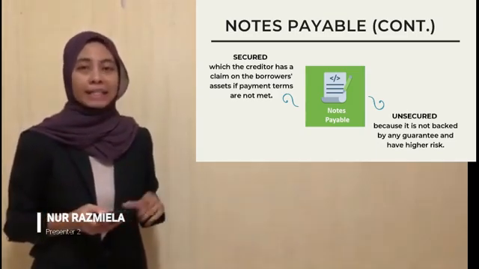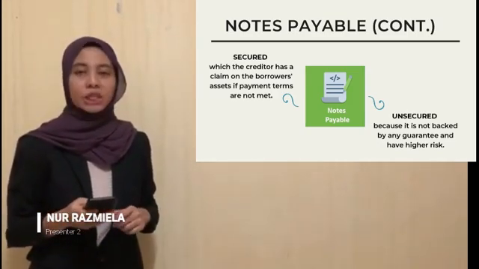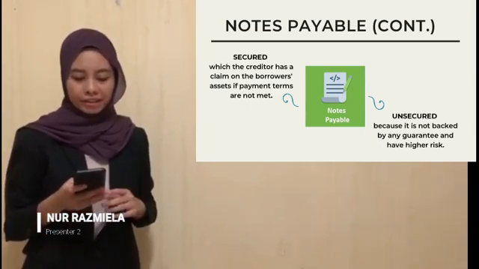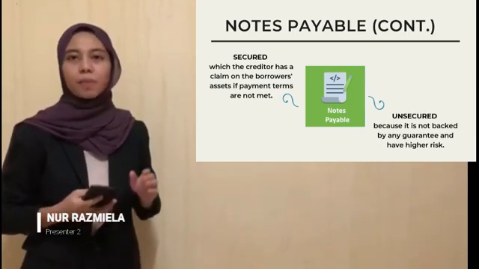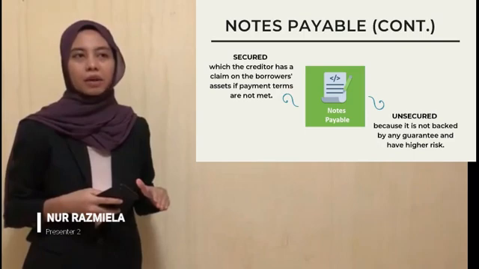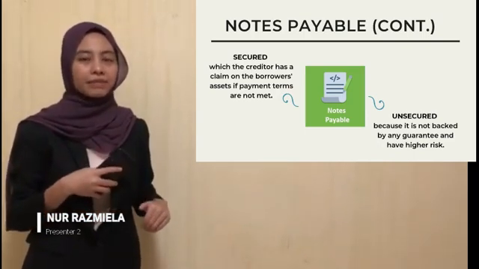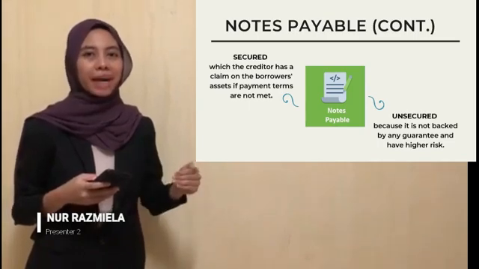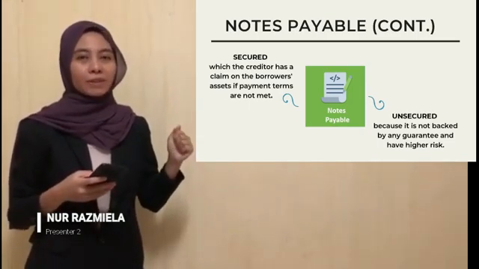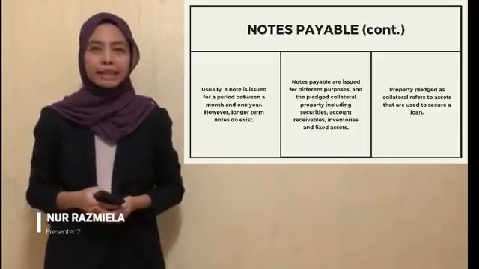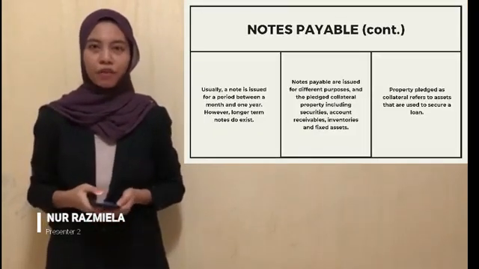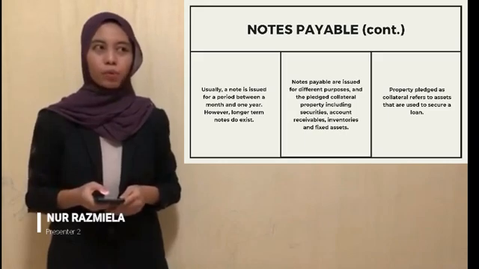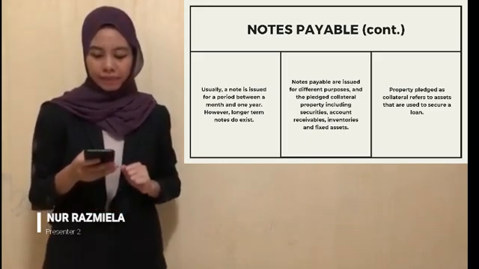Meanwhile, an unsecured note is not backed by any guarantee and thus presents more risk to lenders, as even though they have a contract, there is no guarantee in the future, so it might cause a high risk to the lender itself. Usually a note is issued for a period somewhere between 1 month and 1 year.